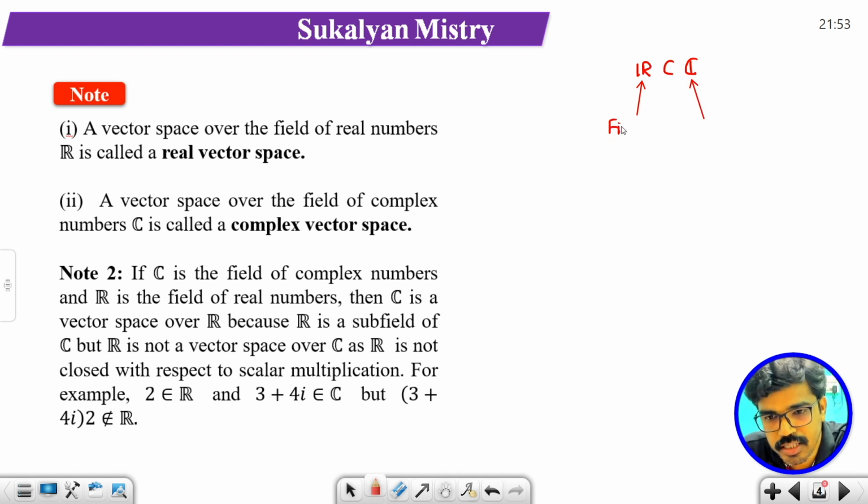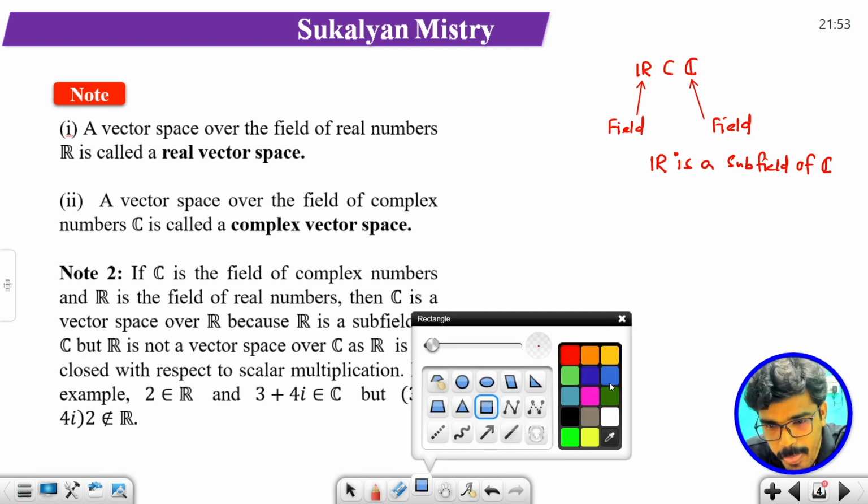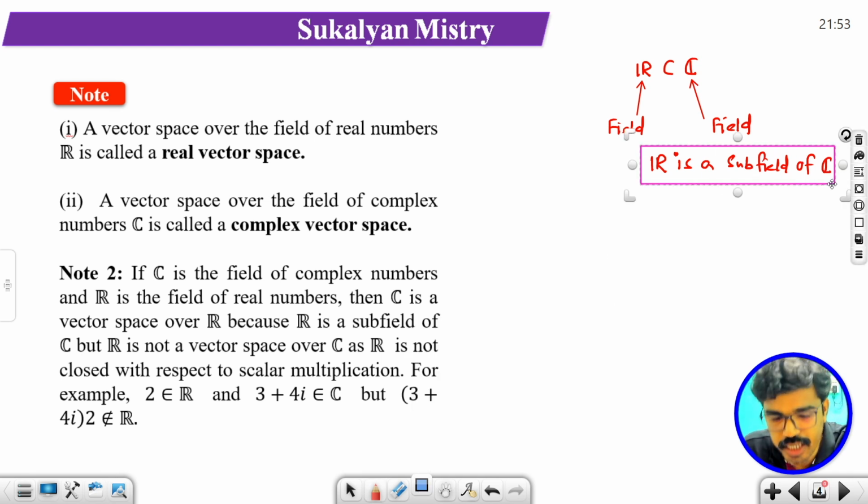Since R is a subset of C, we conclude that R is a subfield of the complex field C. It is a very important note.